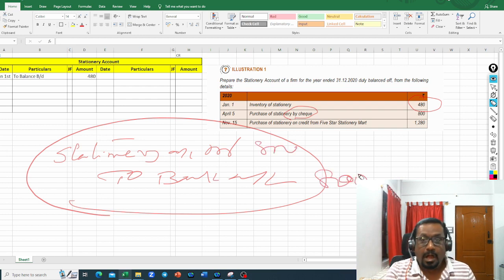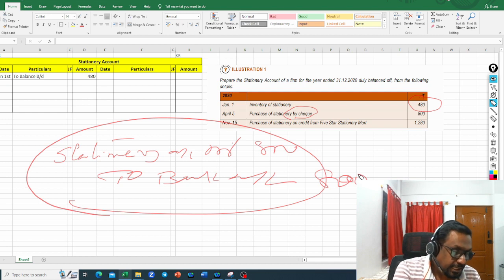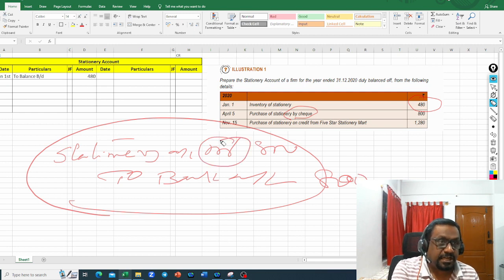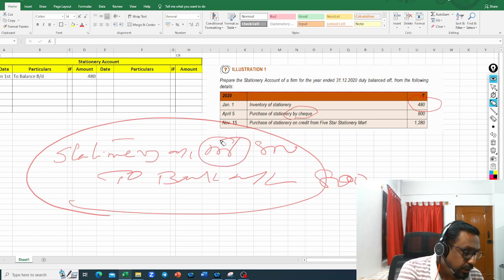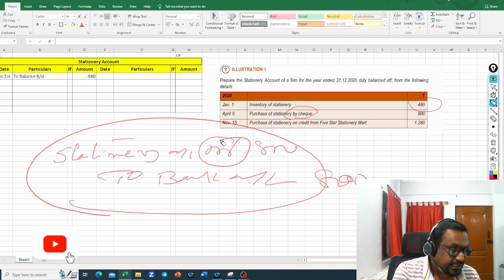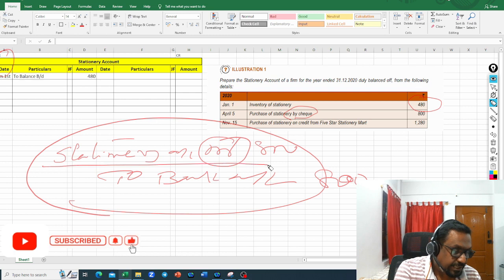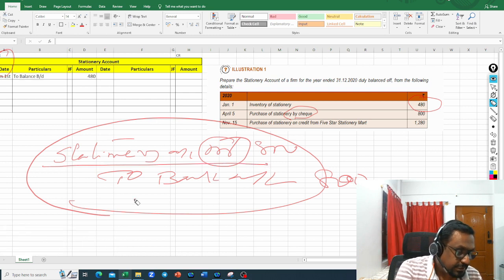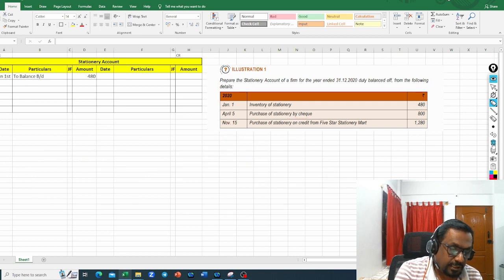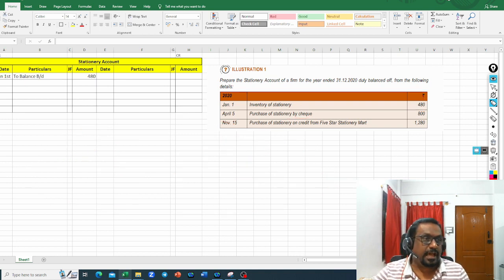Now, how to post this transaction? Stationery account is debited here. Since stationery account is debited here, you need to put it in debit side of the stationery account. How do we post it? Let me clarify that. So here I will put the date.